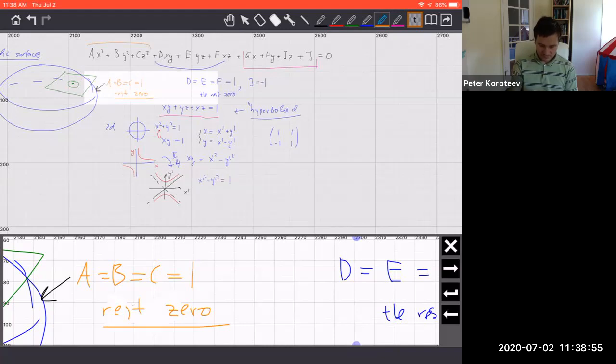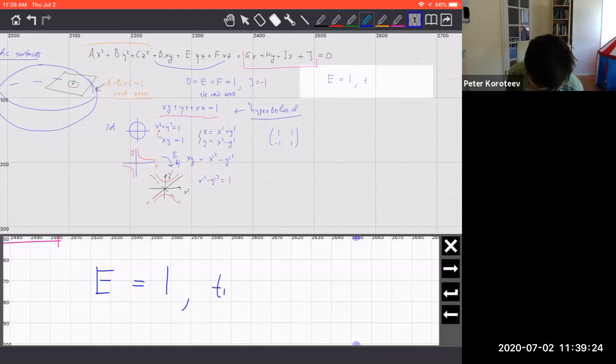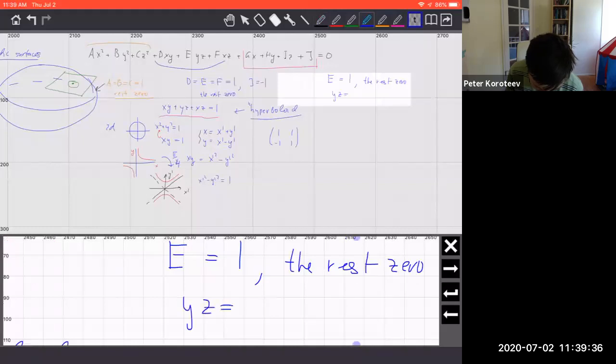Now, let's see. What else is sort of the boundary case? How about E equals 1 and the rest is 0? So the equation is yz equals 0.